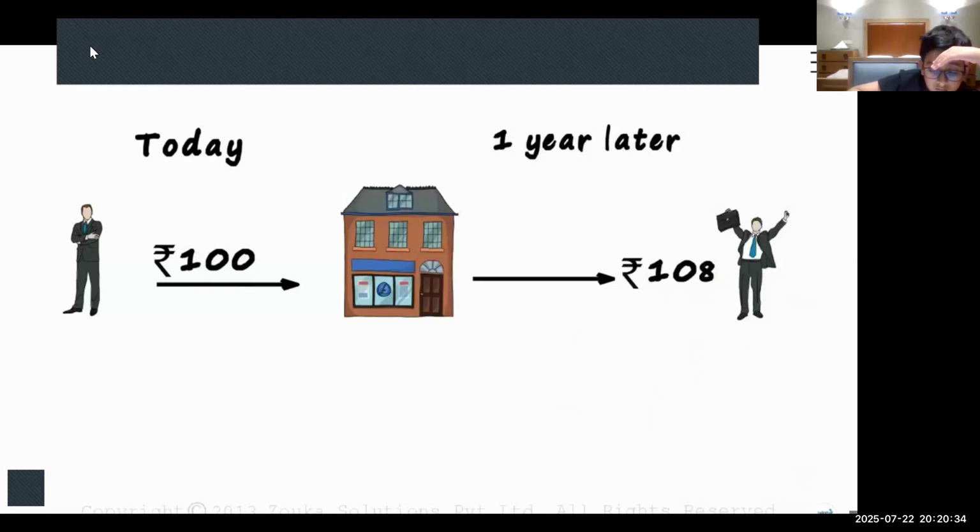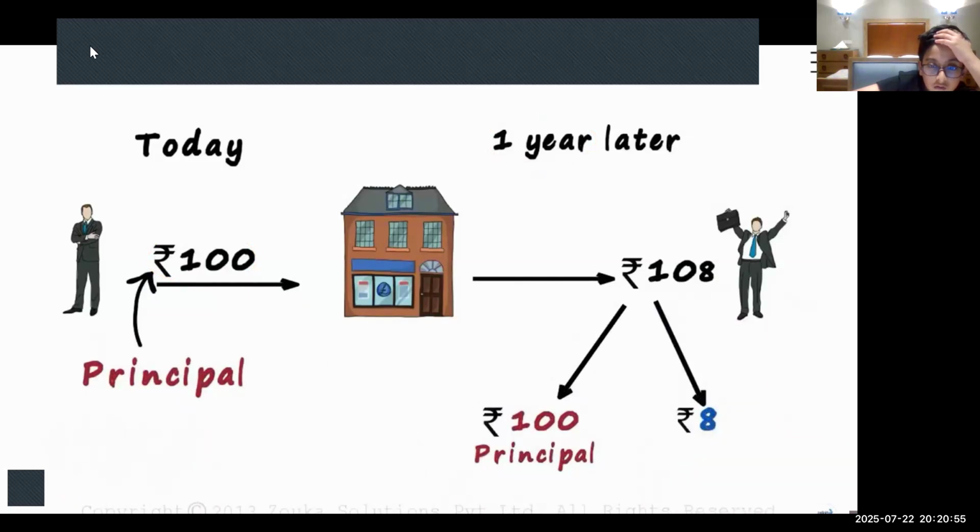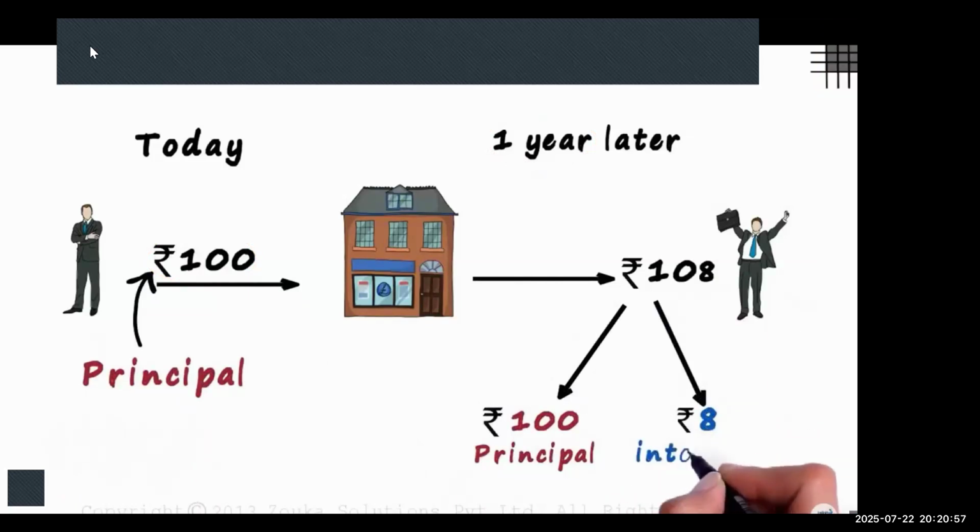Now your concepts are clear. Now we just need to understand some terminologies. This 100 rupees is called the principal. It is basically the initial amount. And what Edward gets after a year is comprised of two parts. One part is that he gets back his principal of 100 rupees, and the 8 rupees that's left with him is called the interest.